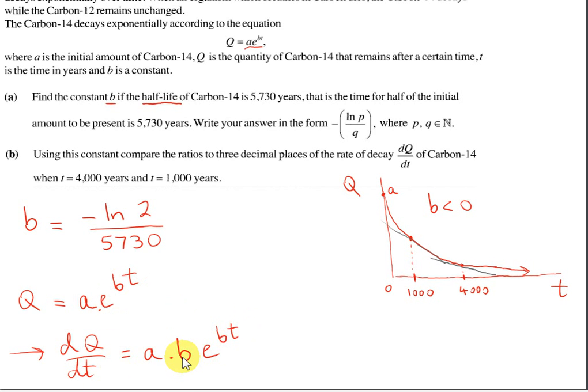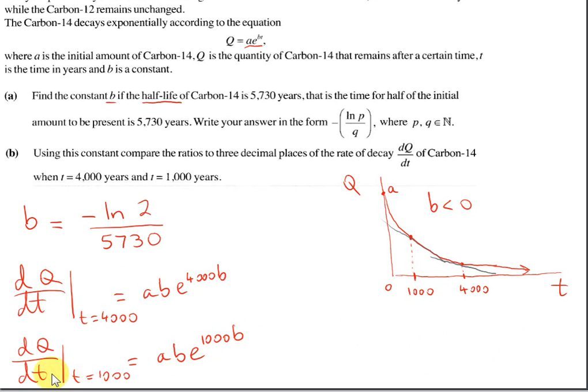So here's a formula for the derivative at any time t, but now we're interested in the derivative at two particular times: t equals 4000 and t equals 1000. So plug 4000 in here, so b times 4000, or 4000b.